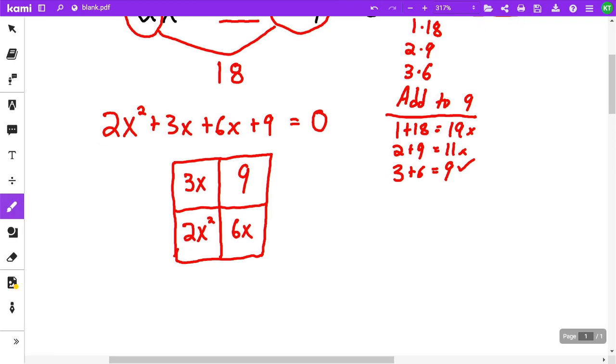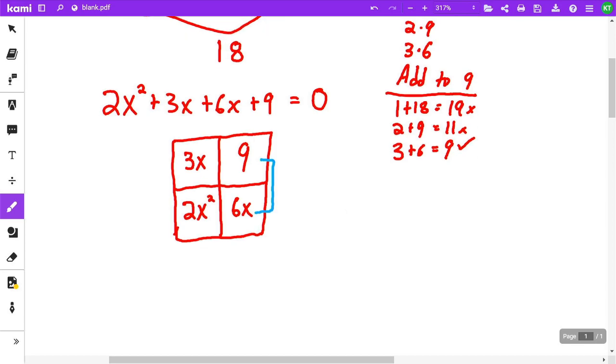So our next step is we're going to be finding the greatest common factor shared between these terms and then working backwards to figure out what multiplies to equal a term inside the box. So I'll start here with 9 and 6. What is the greatest common factor shared between 9 and 6x specifically? It would be the number 3. They only share a number 3, they don't share an x.